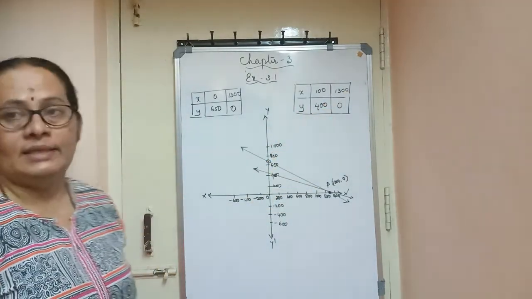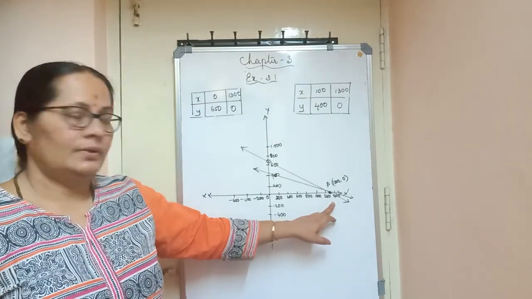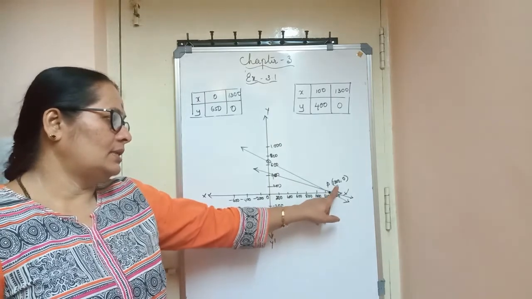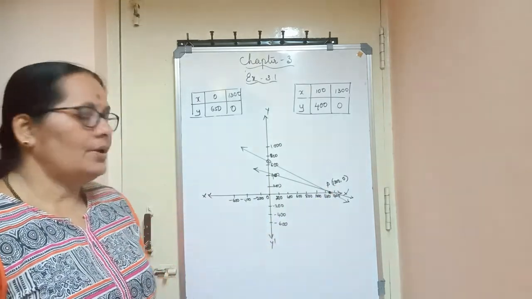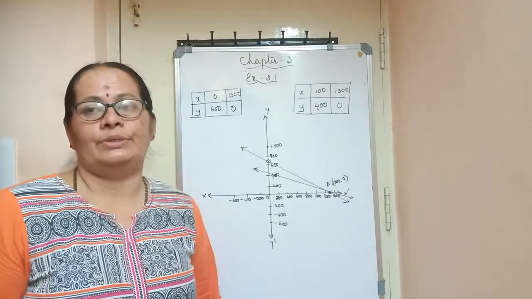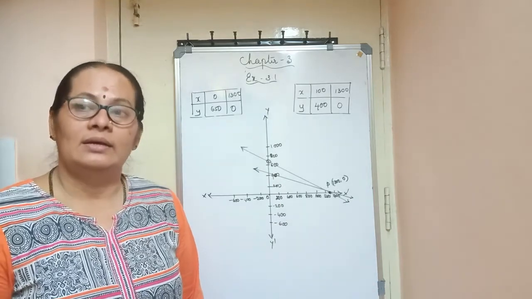So it means that, see here the condition. So X is 1300, Y is 0. So like this you have to locate the points on the graph sheet. So again we got intersecting lines.